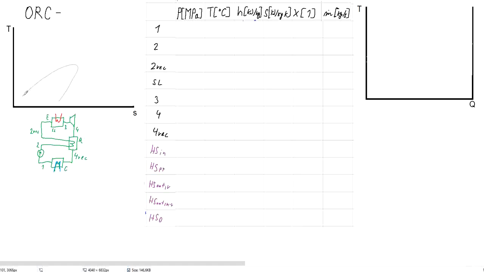So the vapor dome looks like this. Here we have some isobars. One isobar over here, and the other isobar would go over here. So again we go from point 1 to point 2 in the pump.